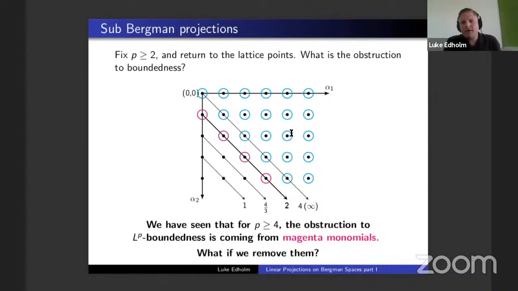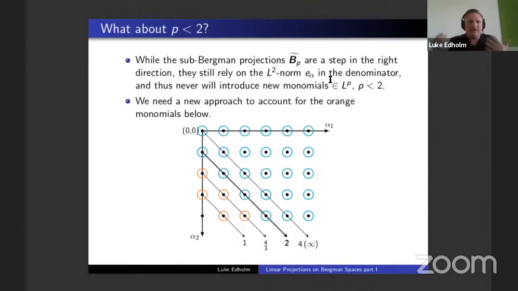But okay, this is a step in the right direction, but it is not going to help us address the other problem, the failure of reproduction, which happens for p less than 2, because we've taken away monomials. We need to think about how we can somehow incorporate these other monomials into the picture.